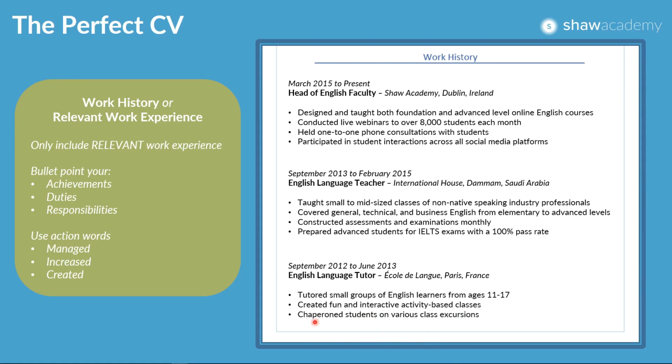Okay, so this word chaperoned, if you chaperone children, you're supervising them. You accompany them and you supervise them, okay? So accompanied and supervised students on various class excursions. And excursions just means class trips. Class trips. So again, action words: tutored, created, chaperoned.